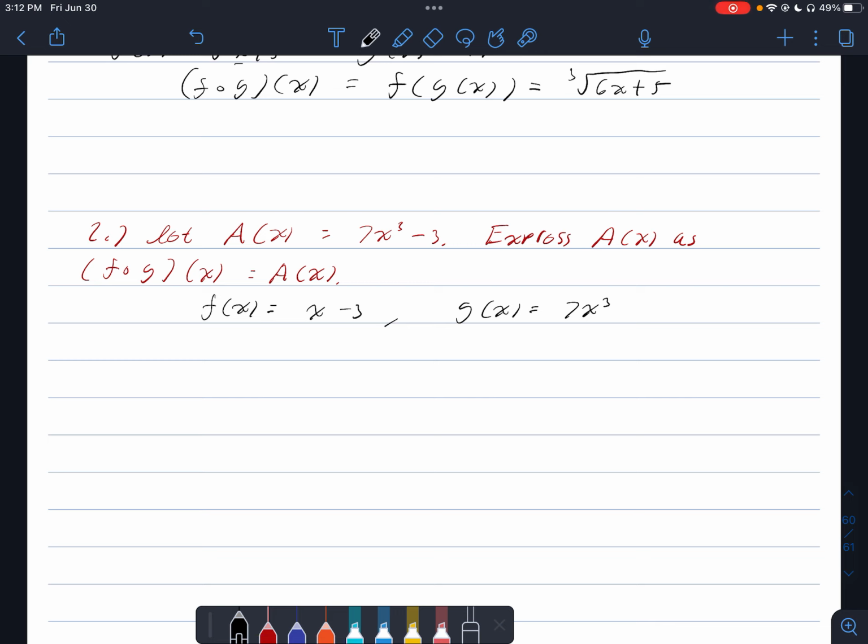That's certainly a possibility, right? That would give us f composed with g of x equal to 7x to the third minus 3, which gives us back our initial function.